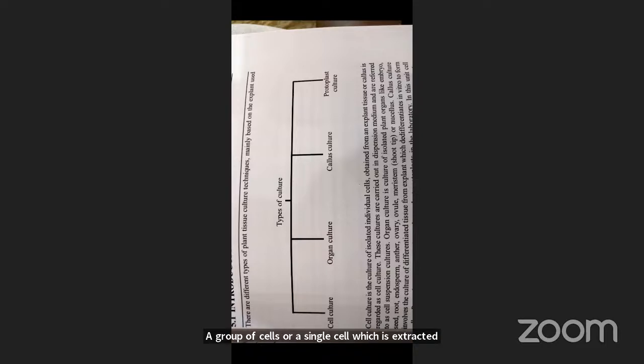That cell obtained from an explant tissue or callus is regarded as cell culture. Now these cell cultures are carried out in a suspension medium and are referred to as cell suspension culture.